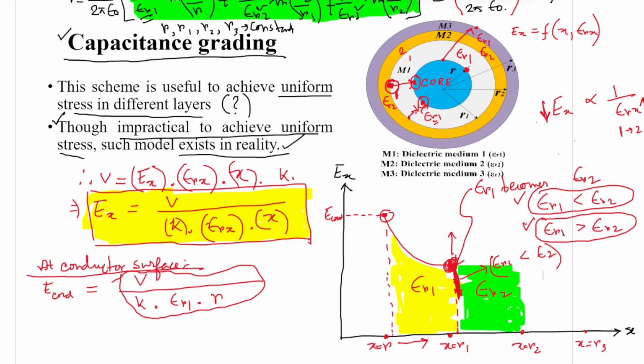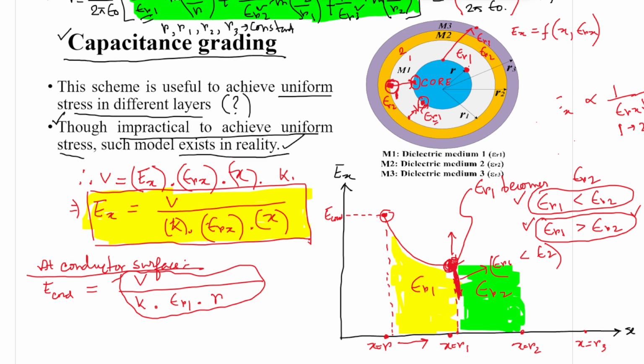Now think of the reverse, the opposite thing. In the second case, when epsilon R1 is greater than epsilon R2, as 1 becomes 2, the denominator decreases, because epsilon R2 is now smaller than epsilon R1.